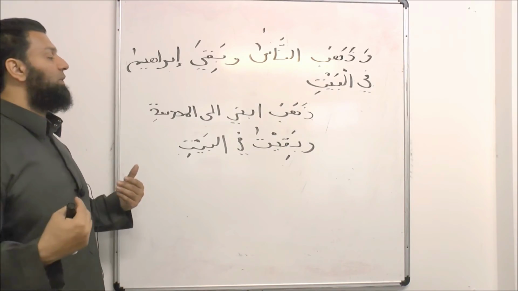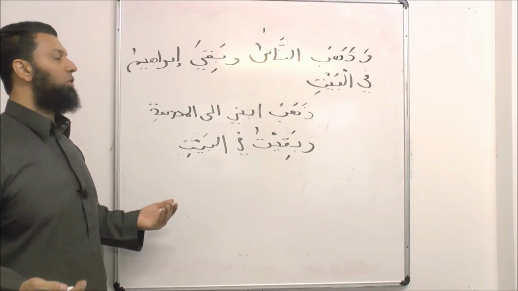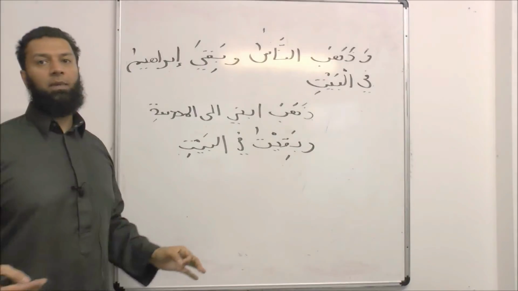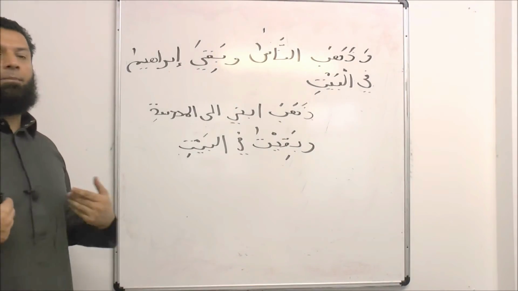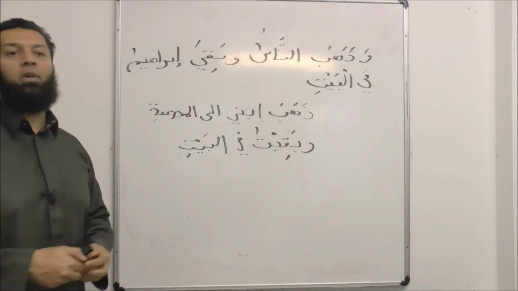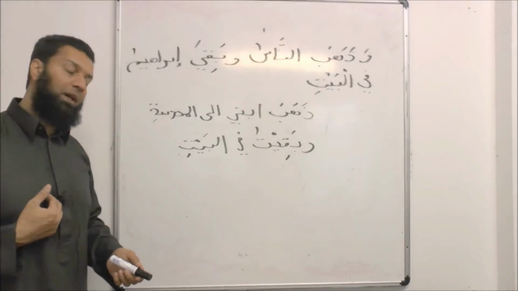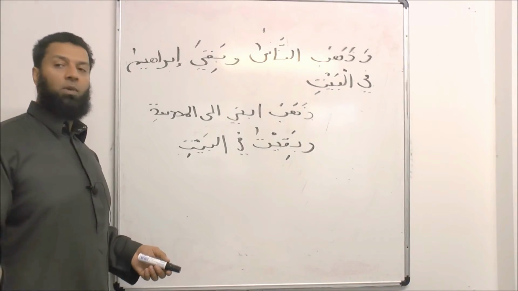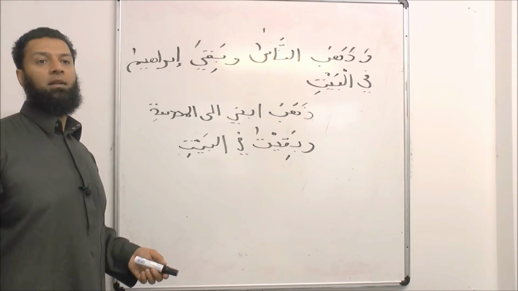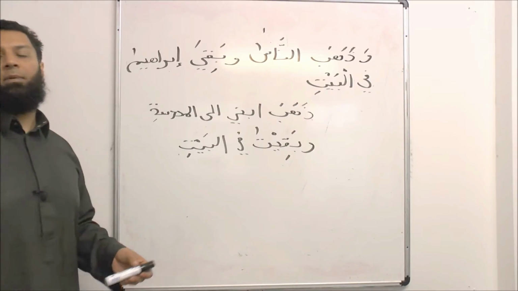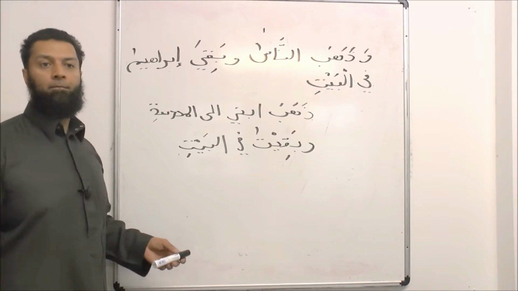We need to be able to change the sentence to take a different meaning based upon the introduction of our own words. So ibnun is a son. Ibni is my son. Your son is? Ibnuka. His son is? Ibnuhu. Her son is? Ibnuha, and so on and so forth.